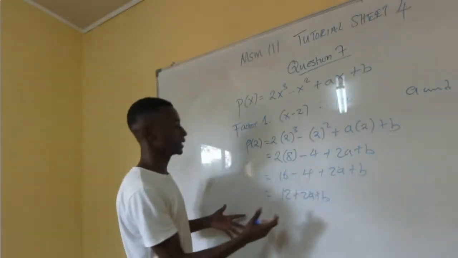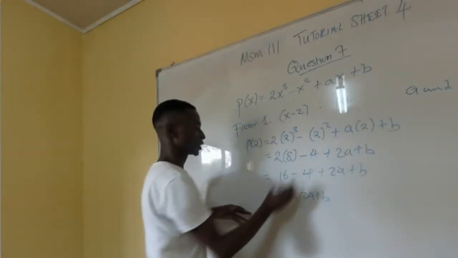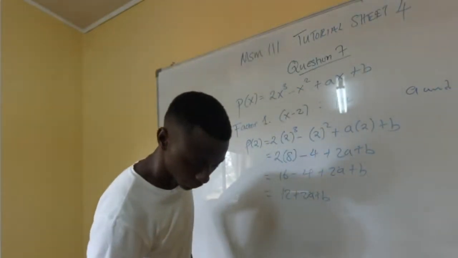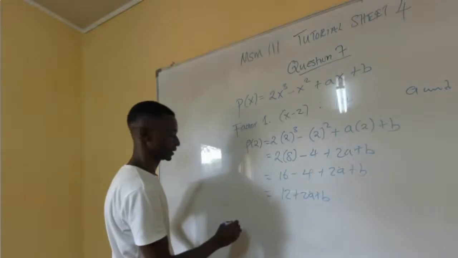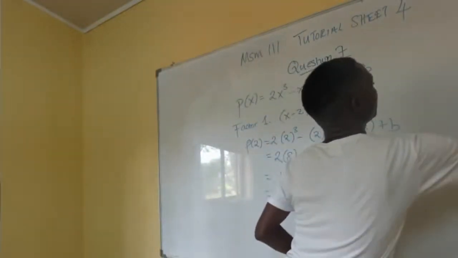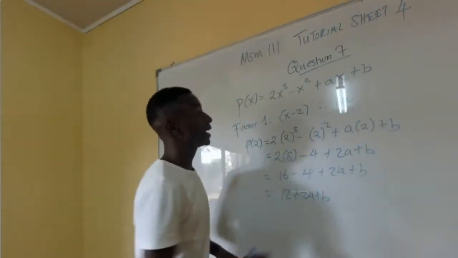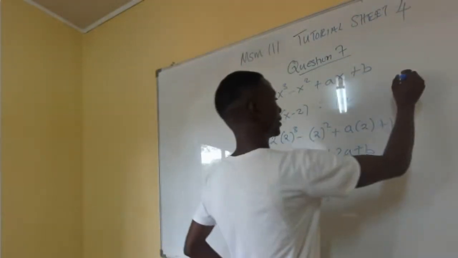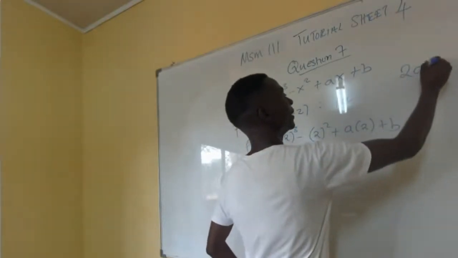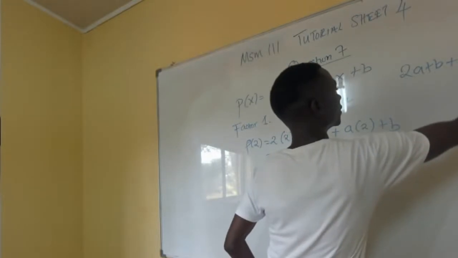So now the question is saying, after dividing by this one, the remainder is 14. So now you equate this function to 14. So we're having 2a plus b plus 12 equal to 14.